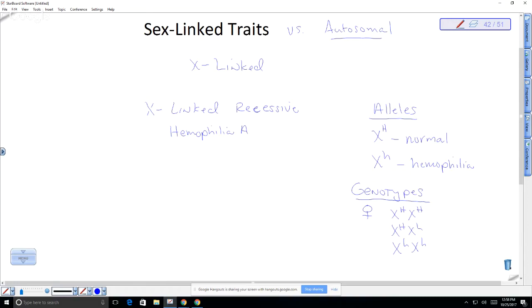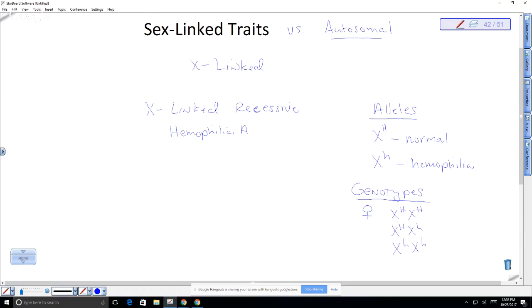So females have 2 X chromosomes, males have an X and a Y. So both of these are going to be phenotypically normal. You're not going to be able to tell the difference. This female is going to have hemophilia. This shows complete dominance. So this individual, we can't tell, but they would be a carrier, right? So they're carrier for the defective allele.